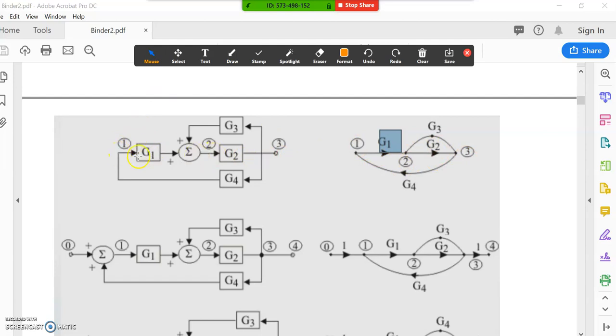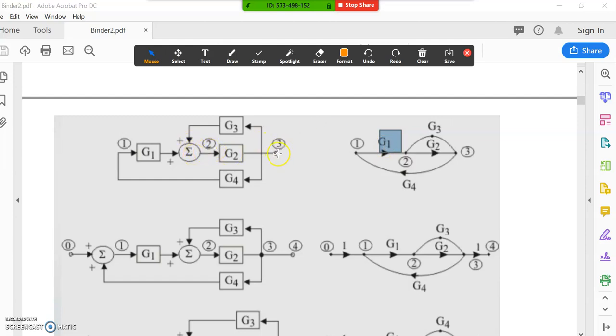From 1 to 2 there is a signal flowing and the gain will be G1. The signal is represented by a straight line and the arrow represents from which node to which node the signal is flowing. Here the signal is flowing from 1 to 2, so we draw an arrow going from 1 to 2. It is getting multiplied by G1, so we write G1 on the top.